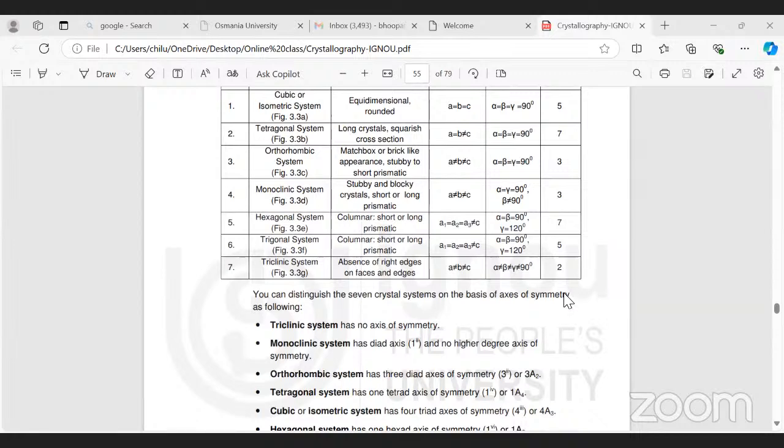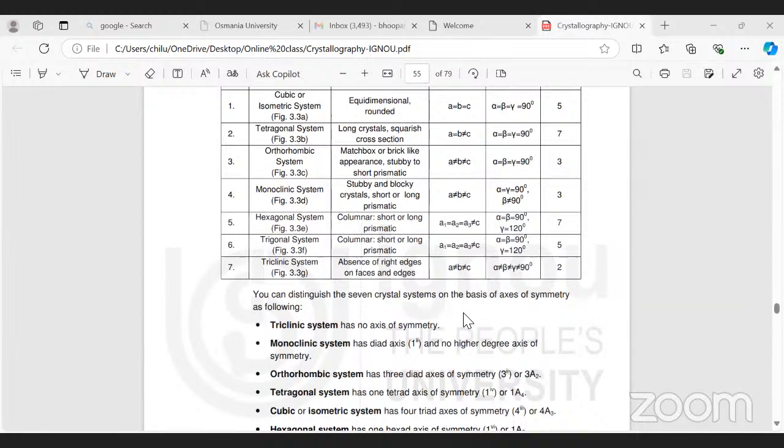Next one, the hexagonal system, with columnar and short or long prismatic structure. Here we can see four axes, but not all are equal. Three horizontal axes are equal: A1 is equal to A2 is equal to A3, not equal to C. C is the vertical axis.